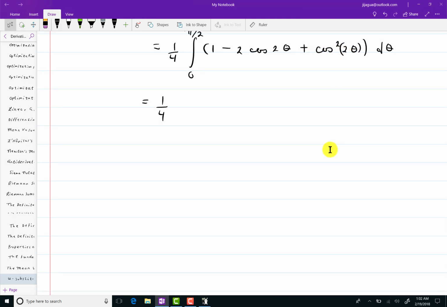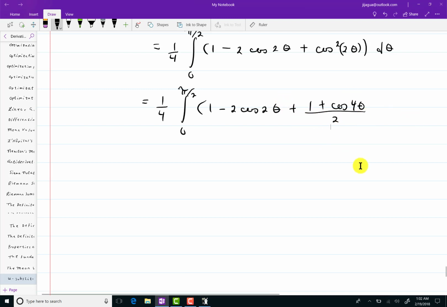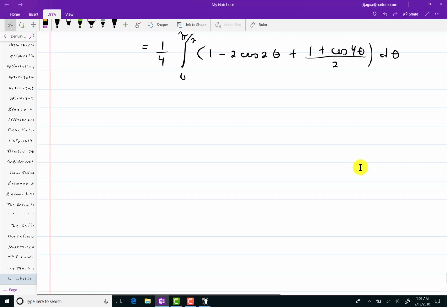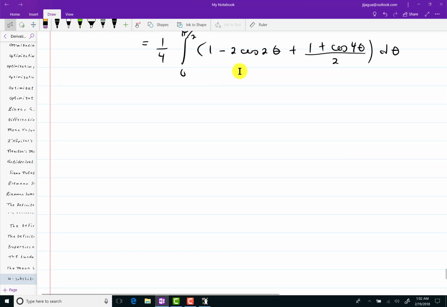So 1/4 the integral from 0 to pi over 2 of 1 minus 2 cosine of 2 theta plus 1 plus cosine, remember this is now 4 theta, divided by 2, just this quantity is divided by 2, d theta. Now, I don't know how much you want to do right now of the integral, but what I'm going to do is rewrite this piece here. This is what I usually do. Whatever you want to do, you'll develop a style all your own, hopefully.